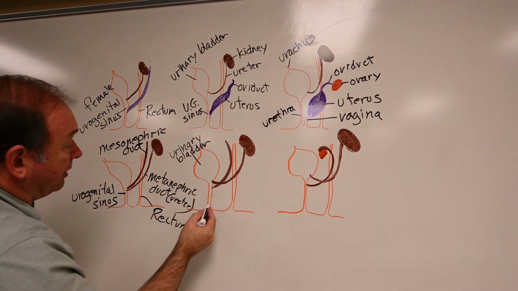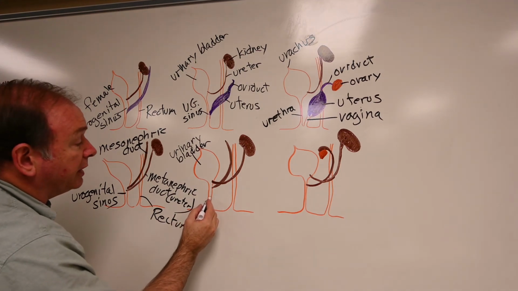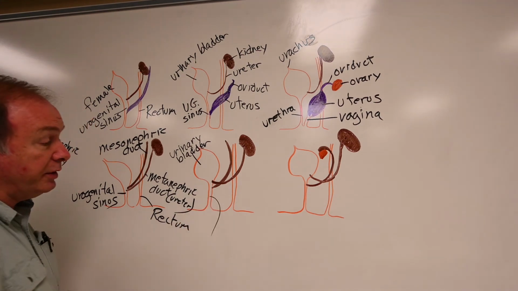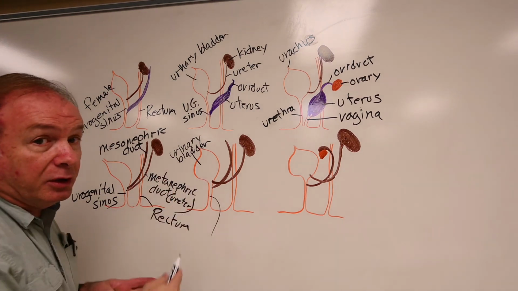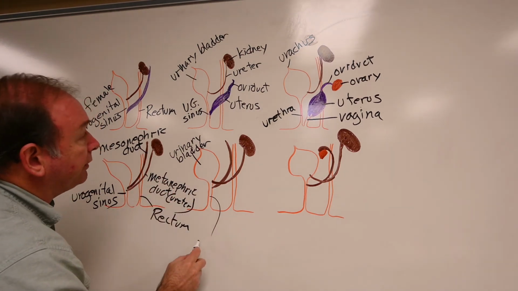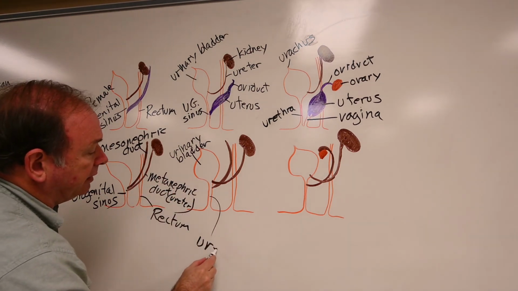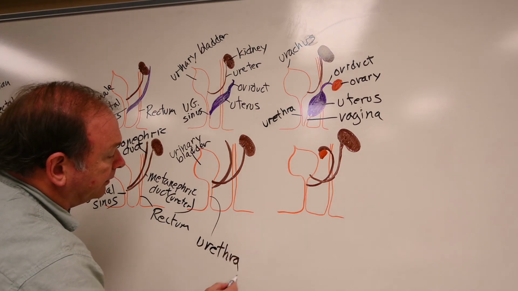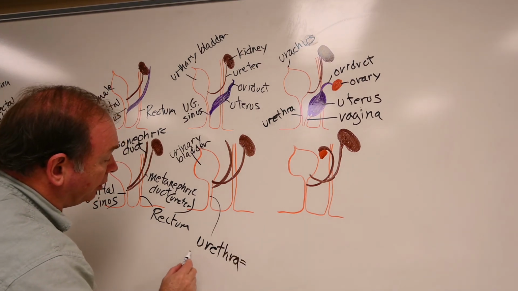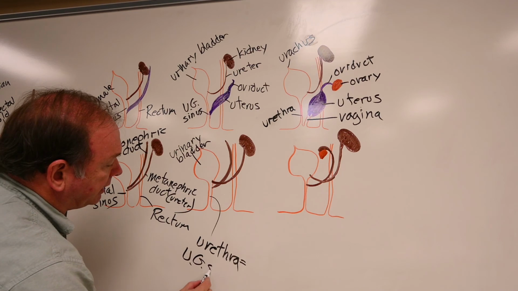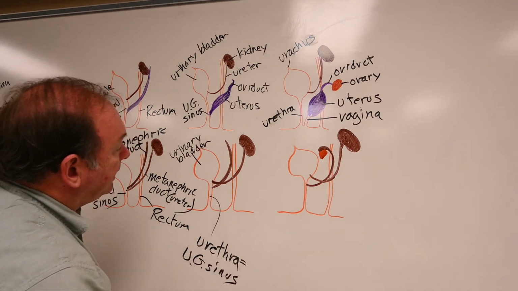This segment right here, it could be called urogenital sinus, but we don't usually call it urogenital sinus. It is a urogenital sinus, but we usually just refer to it as the urethra in males. So this is equivalent to a urogenital sinus in this area.